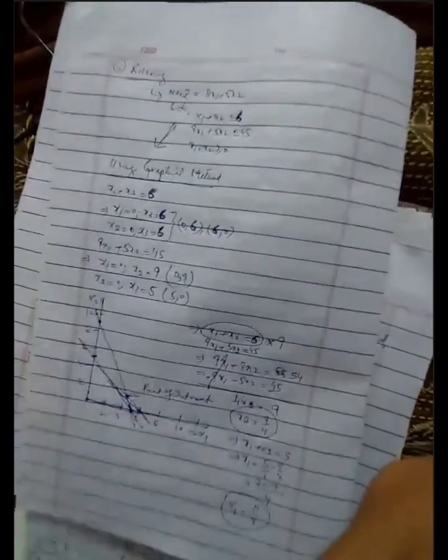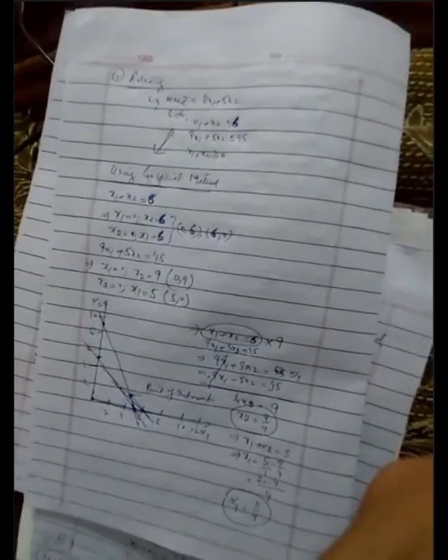So now from here it is the node 1, the upper bound.